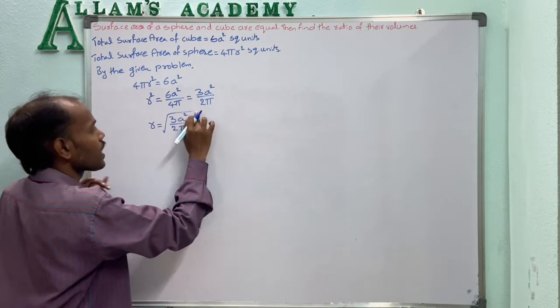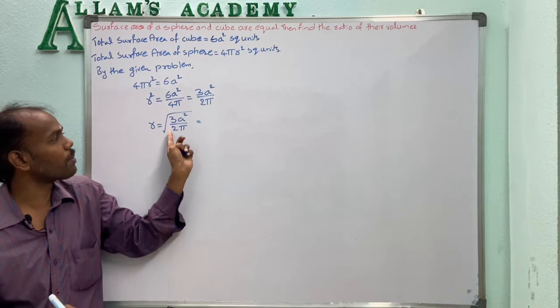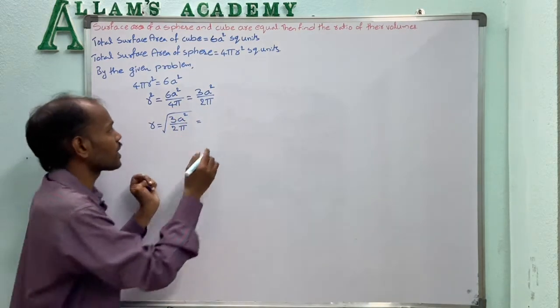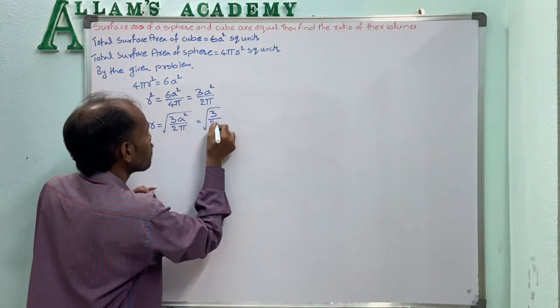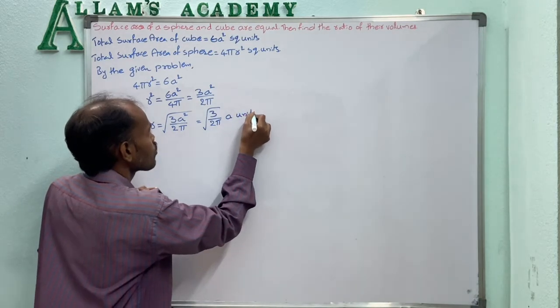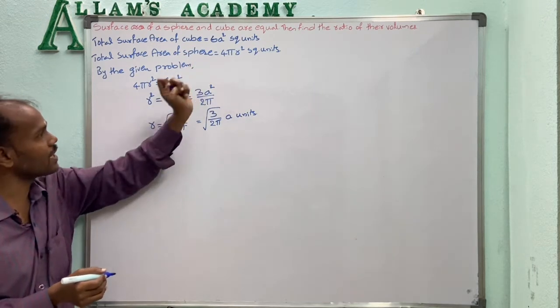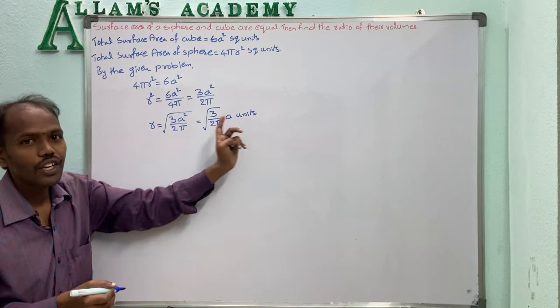Root xy means root x into root y, so we can write root 3 by 2 pi into root a square. Root a square is nothing but a, so r equals under root 3 by 2 pi into a units. So r is nothing but the radius of the sphere.